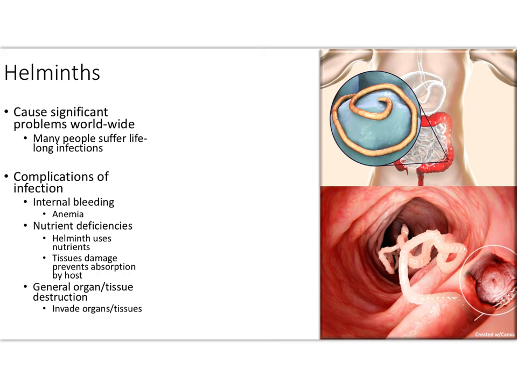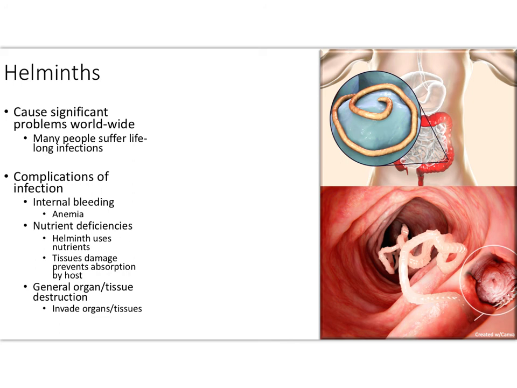As the helminth reproduces and maybe makes more helminths, then more and more helminths get stuck in maybe the GI tract or another type of organ, and more bleeding occurs. Not to mention then our body's trying to fight off this infection and trying to get rid of this organism, and the immune cells that are involved in that can cause additional tissue damage and lead to additional bleeding. So for people who have severe worm infections, anemia may be one of the results.